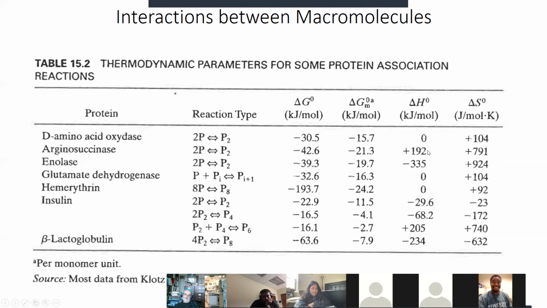Yeah. For the last equation, the beta-lactoglobulin, how could a negative 234 minus negative 632 become a positive delta G overall? I might be wrong. No, this negative means it's a negative enthalpy. But this negative contributes to the free energy. Negative is required to be the driving force. This negative 632 opposes it.